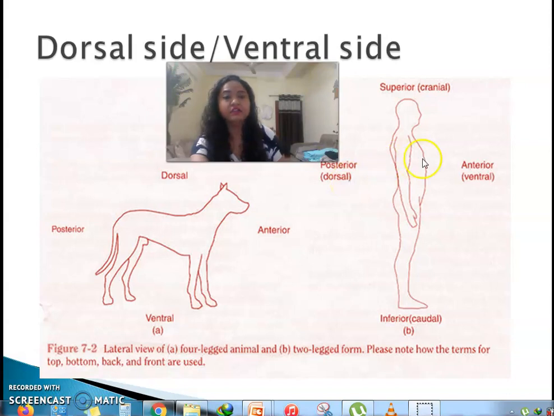That means the portion towards your belly is known as the ventral side, while the portion towards your back is known as the dorsal side. But if you look at the picture of this dog, in this, the top portion is the dorsal side, while the below portion is the ventral side.